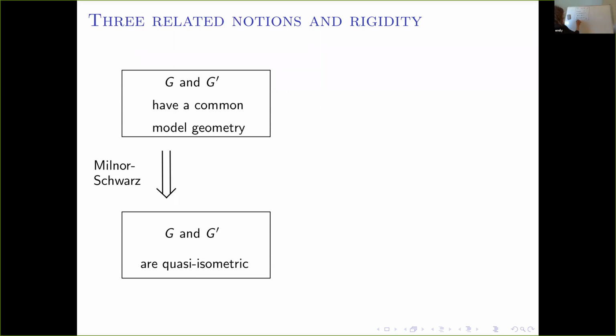Then by the Milnor-Schwarz lemma, this implies that the groups G and G prime are quasi-isometric, meaning that they have the same large-scale geometry, and we are interested in understanding when the converse holds. When can this geometric equivalence be realized through group actions on the same space?